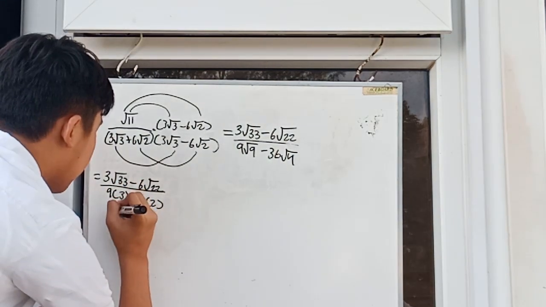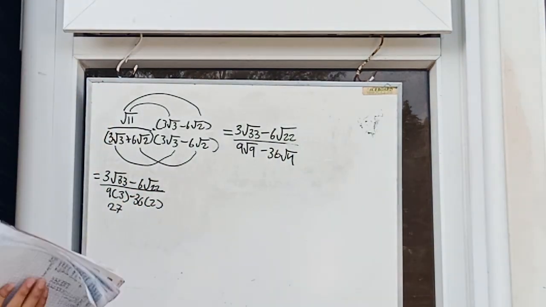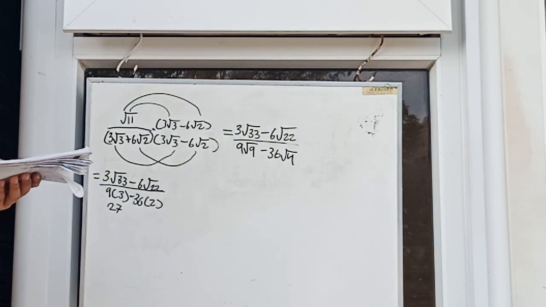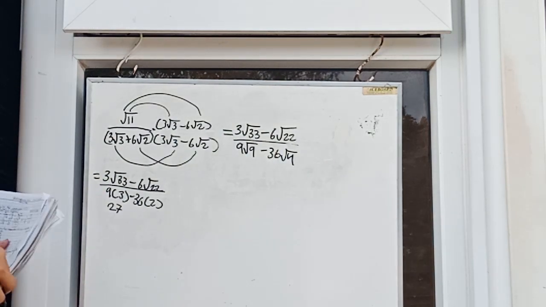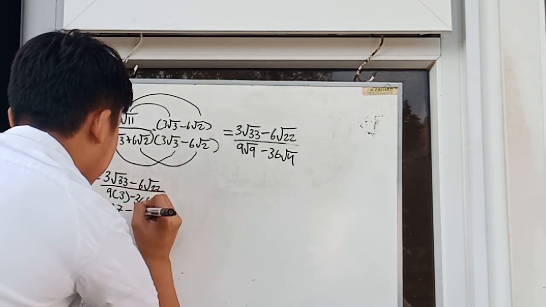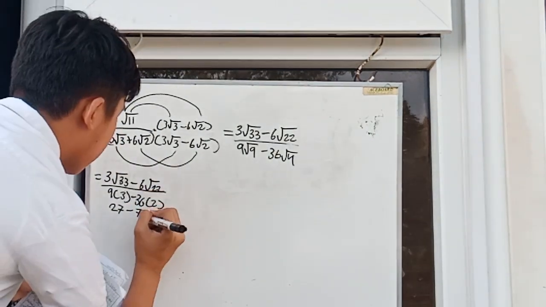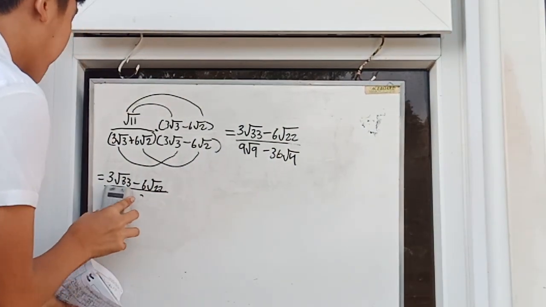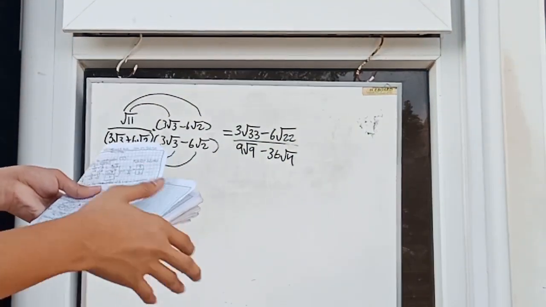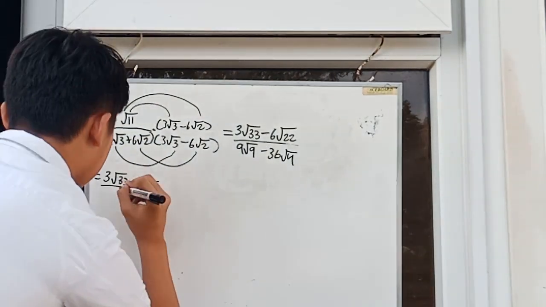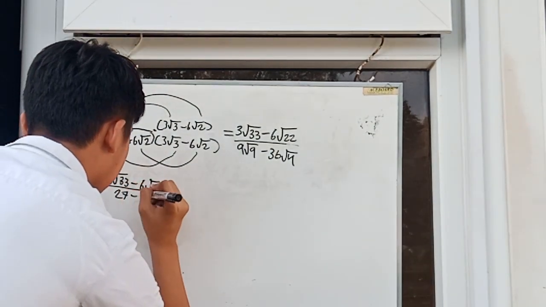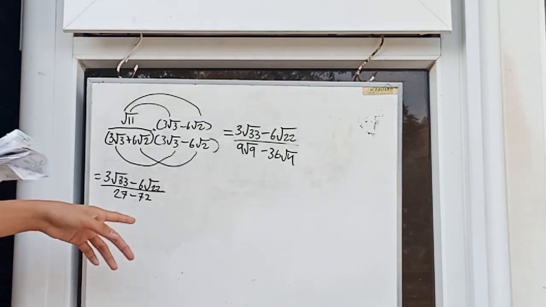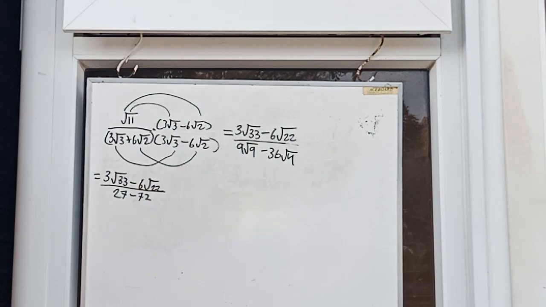So, over 27. And 36 times 2 is 72. So, we put minus 72. Let's also remove this to save time. So now, when we got this, we also simplify this. 27 minus 72 is negative 45.